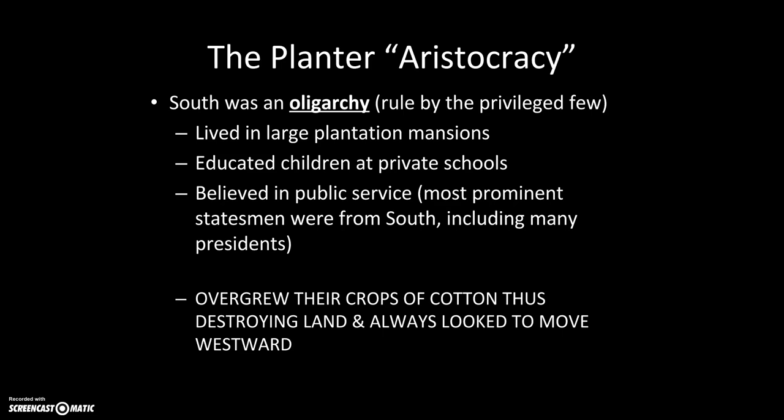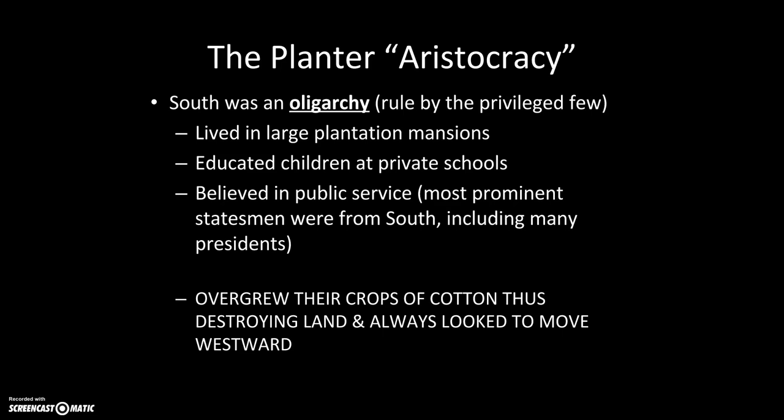So this is going to create almost like an oligarchy in the South, where the South and its structure, its society, and its power politically is going to rest with this planter elite, these big plantation owners who own many slaves. So they lived in big mansions, big plantations.